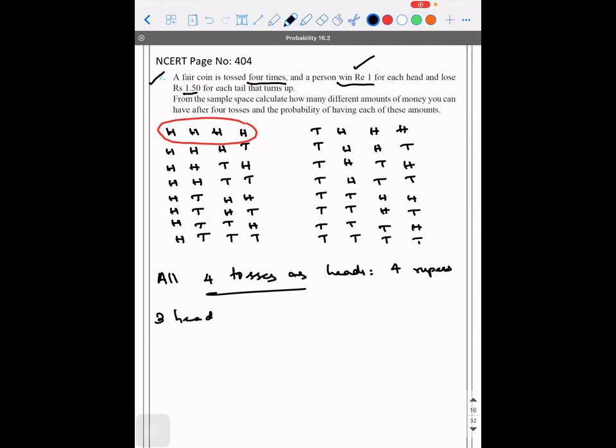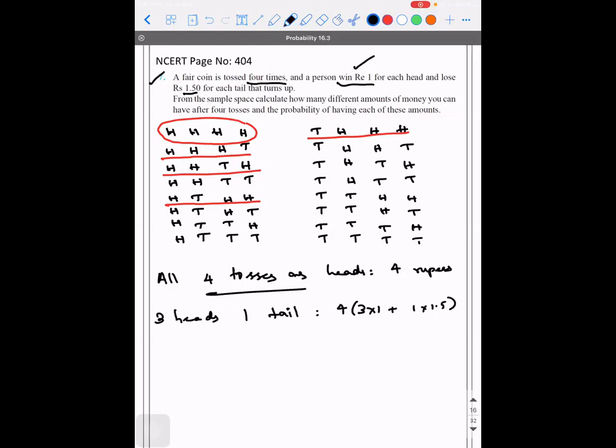3 heads, 1 tail. So 3 heads means 3 into 1 plus 1 into 1.5. How much is this? 3 minus 1.5, that is 1.5. Sorry, lose 1.5. But how many times can you get 3 heads and 1 tail? 3 heads, 1 tail; 3 heads, 1 tail. 4 times you can get.